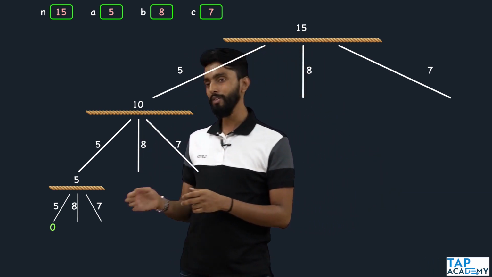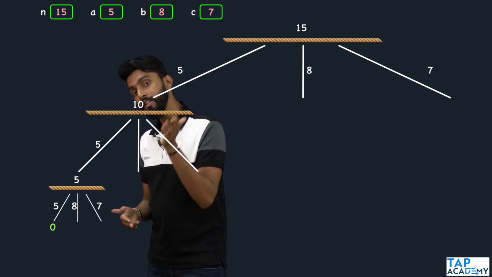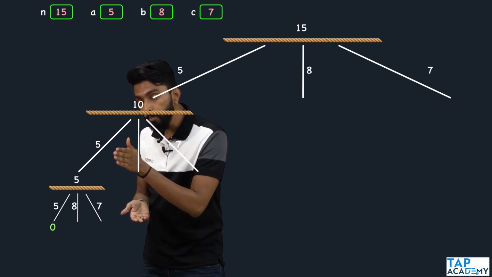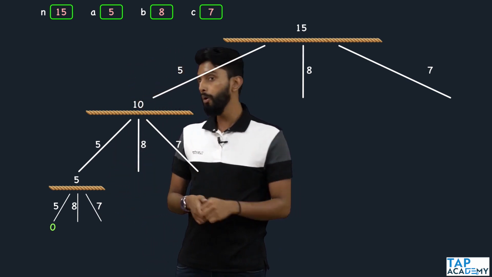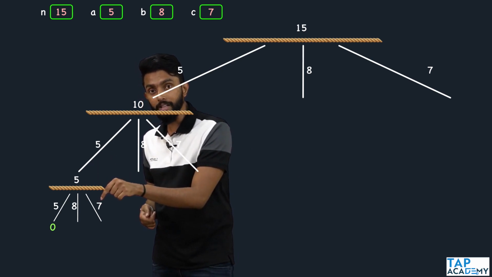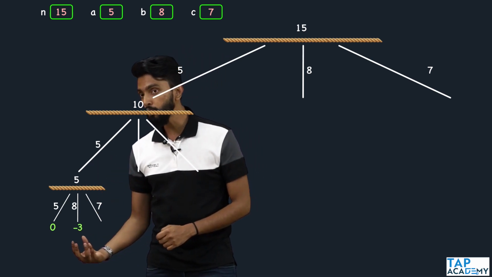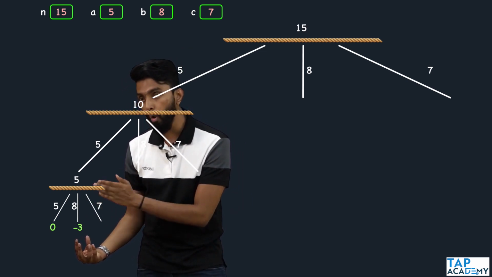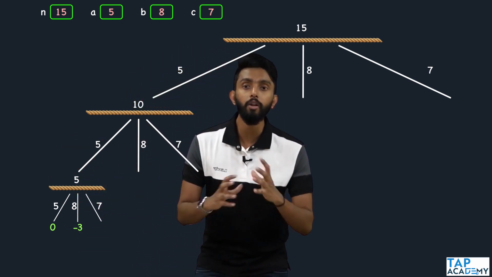However, if I decided to cut off length 8, can I even cut a piece of length 8 when the rope length is only 5? No. Because if I do 5 minus 8, I get minus 3. A negative value tells you that no more cutting can happen. Of this length you cannot cut.